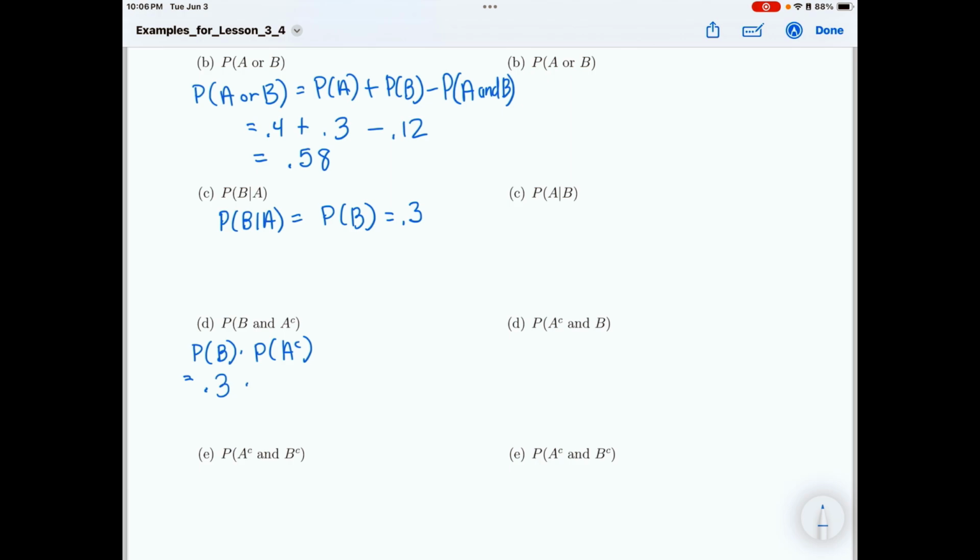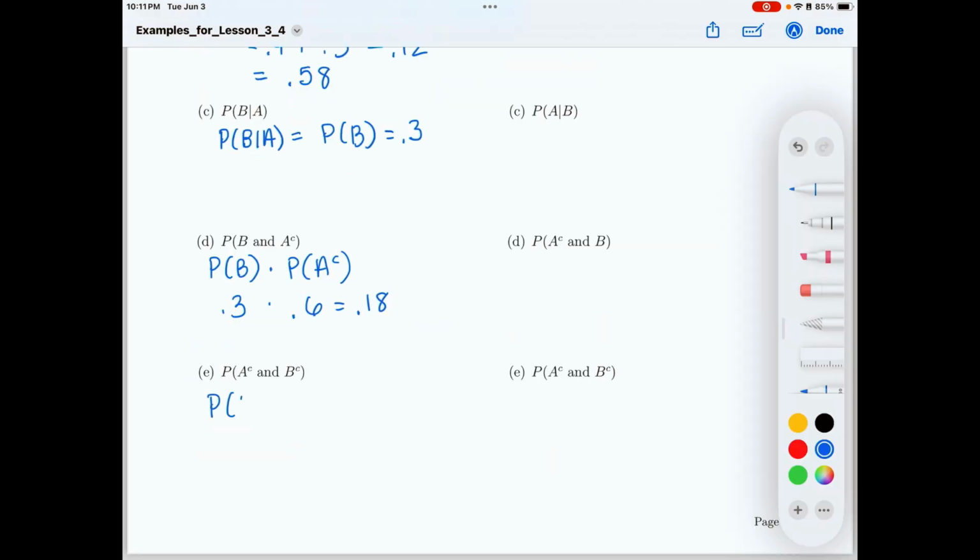The complement of the probability of A is 1 minus the probability of A. So 1 minus 0.4. Probability of A is 40%, which is 0.4. So A complement is going to be 60%, which is 0.6. So I'm going to take 0.3 times 0.6, and we're going to get 0.18.